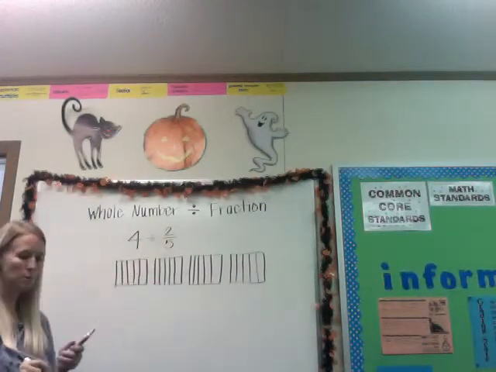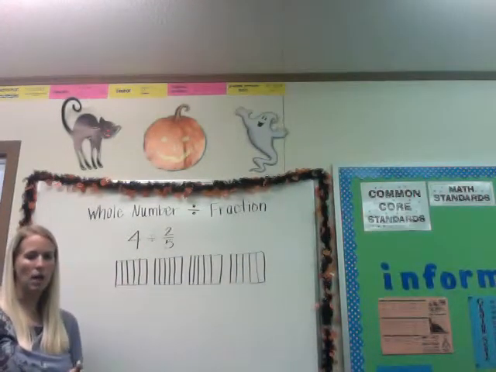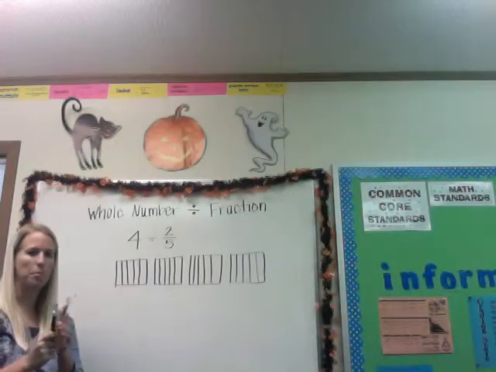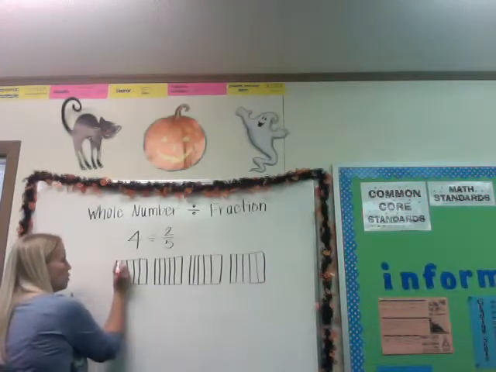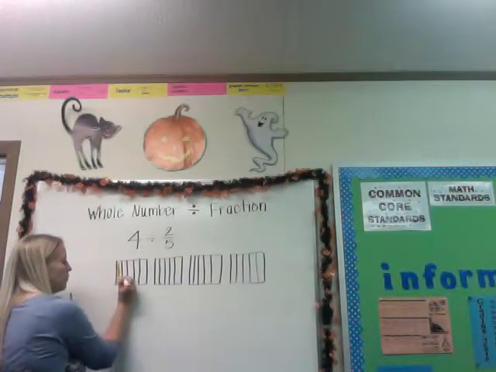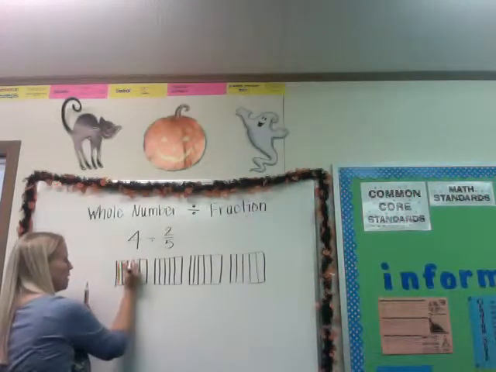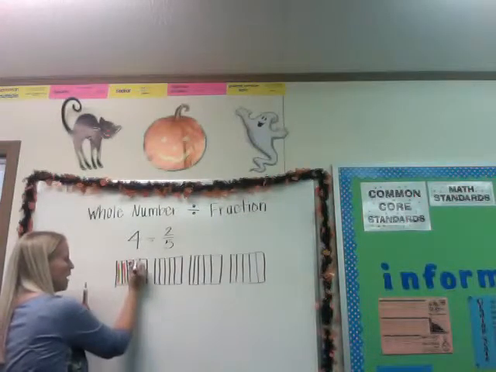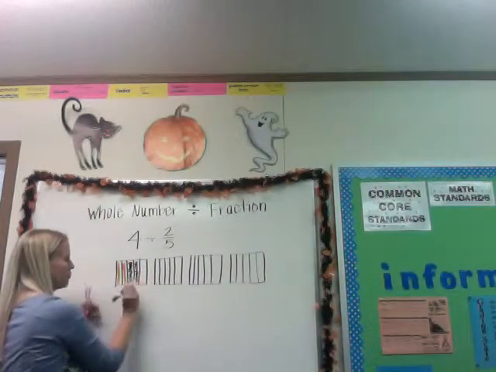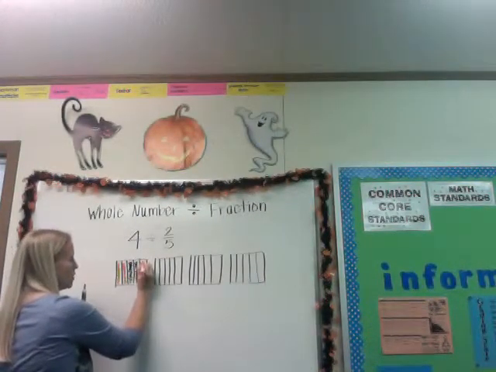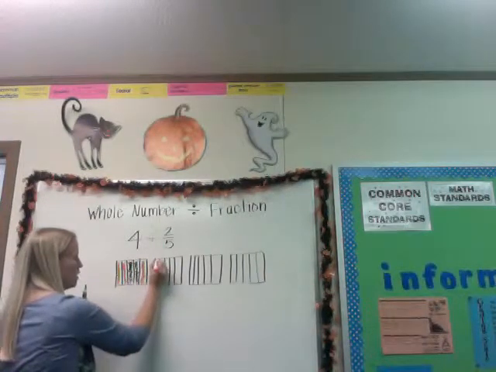And then the numerator tells me how many of each color I need to shade at a time. I'm going to go back and forth between orange and black. So I can do 2 orange ones, and then I'm going to do 2 black ones. And I'm just going to keep going back and forth until I run out.